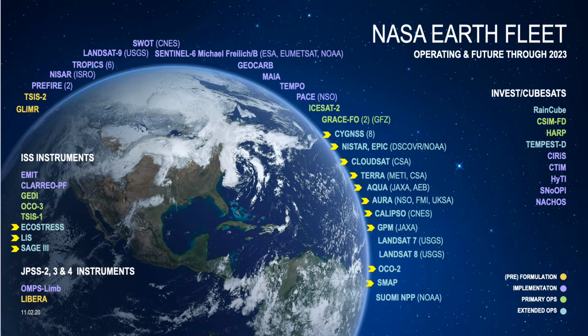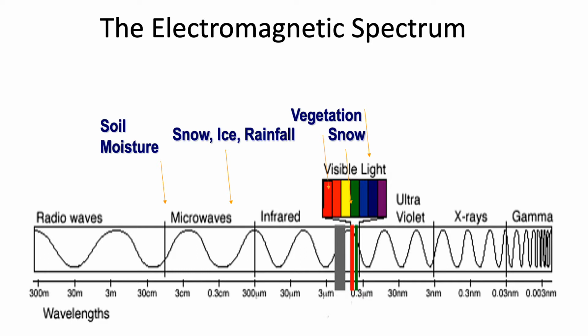So NASA actually has quite a large number of Earth-observing satellites in our Earth fleet, as shown here. We have over 18 different satellites that are focused on different components of the water, energy, and carbon cycles. So traditionally we use radiation-based remote sensing technologies to sense different components of the Earth system.